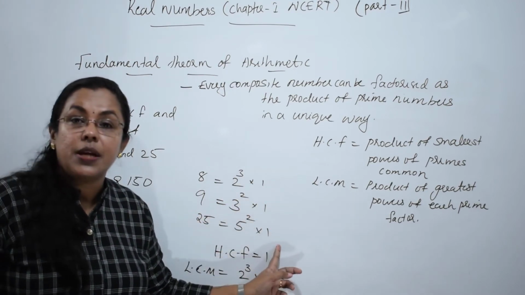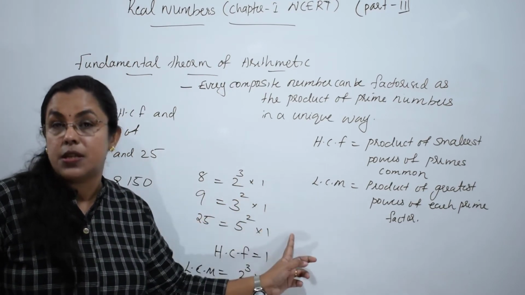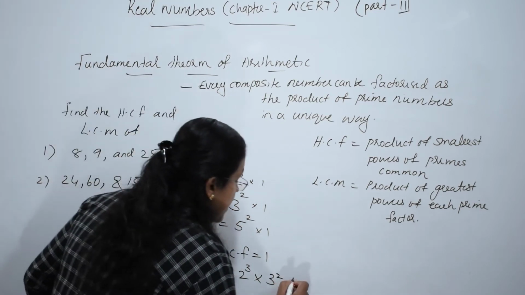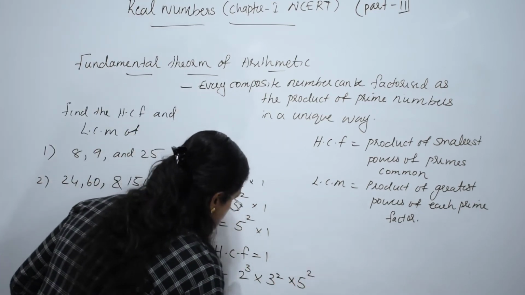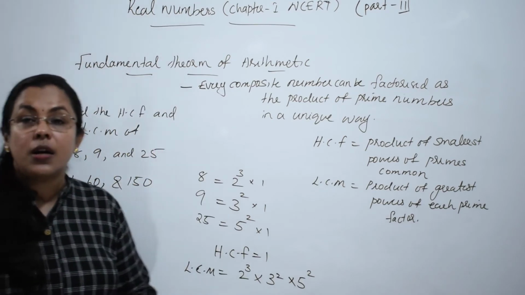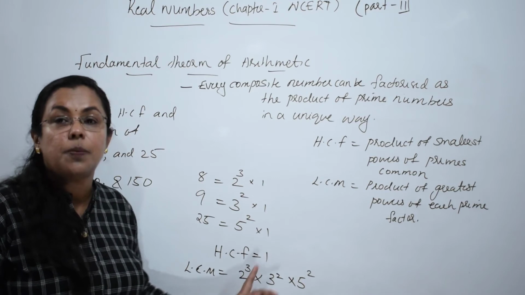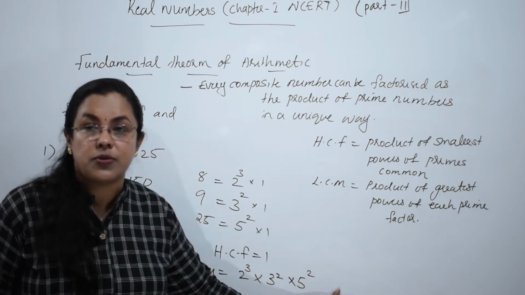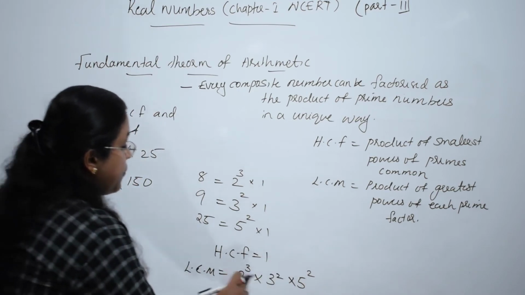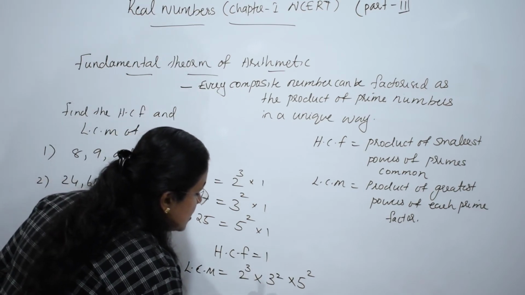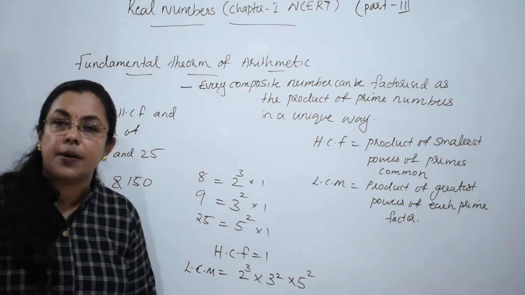Here there is no 3 in 8, but that means 3 to the power 0. The greatest power of 3 is 3 square. What is the greatest power of 5? 5 square. So LCM is equal to 2 cube into 3 square into 5 square. Let us find the final answer. 9 2s are 18, so 1800 is their LCM.